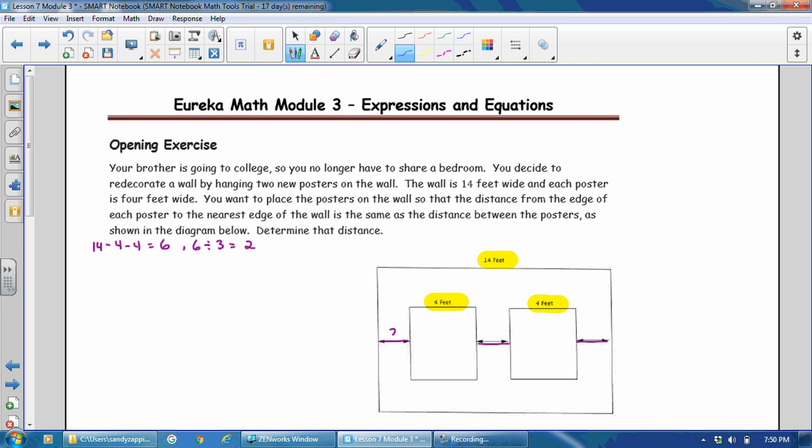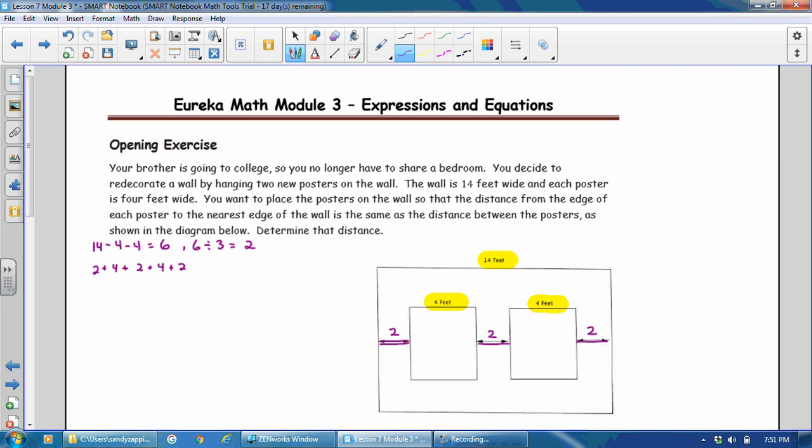So we have 2 feet between the wall and the picture, 2 feet between the wall and the picture, and 2 feet between the pictures. Now we want to write an expression to show the total length of the wall. So we have 2 plus 4 plus 2 plus 4 plus 2.